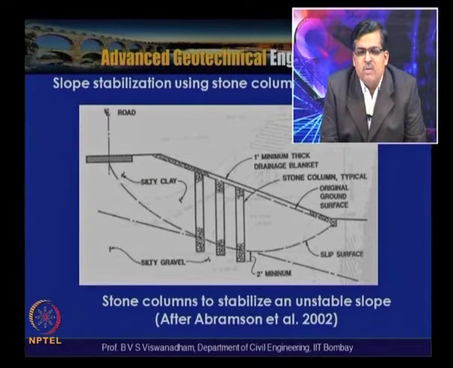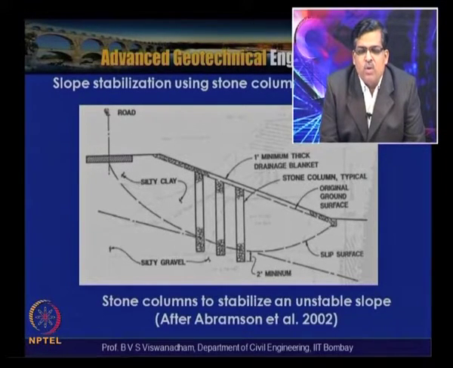And then we also have discussed that when we use stone columns to stabilize an unstable slope, the granular piles which are placed can serve as a restraining capacity, as well as having adequate drainage.